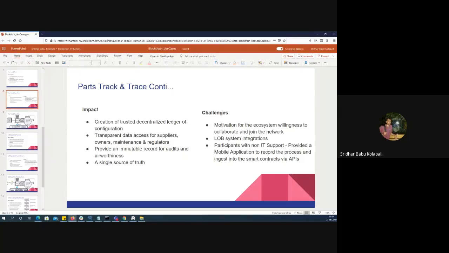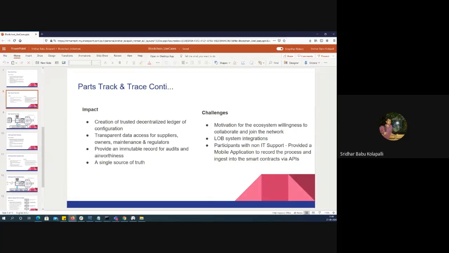All that is transparent to the suppliers, so they can give the bid and start manufacturing. When they deliver these products, they also give the quality documents for every batch of delivery, so the quality document will sit in the blockchain in an immutable manner. That becomes my single source of truth rather than depending on anyone else.